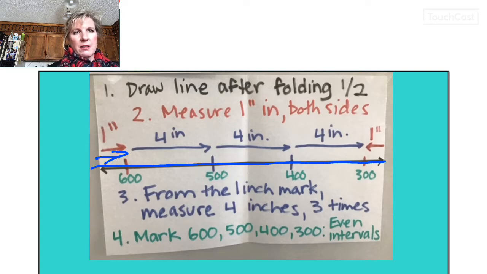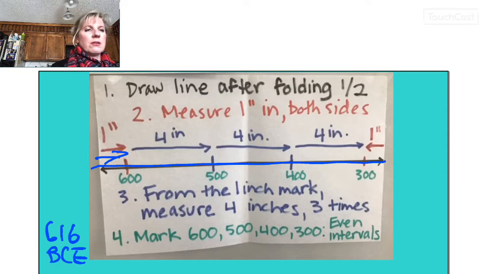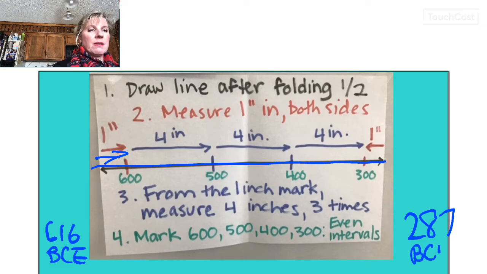We talked about this in class, but since the time period that we are looking at is between 616 BCE and 287 BCE, we all agreed that the time period that we would look at with even intervals makes sense to be going by centuries. We will have an arrow on each side of our timeline to represent the fact that time continues on in both directions, but our first mark that we'll put right here is at 600.